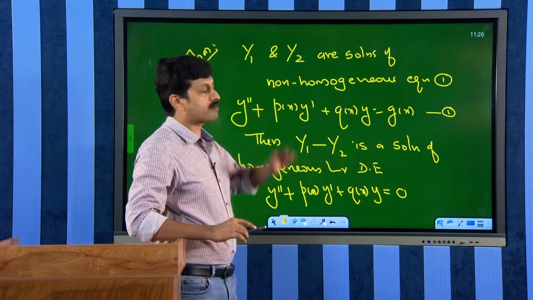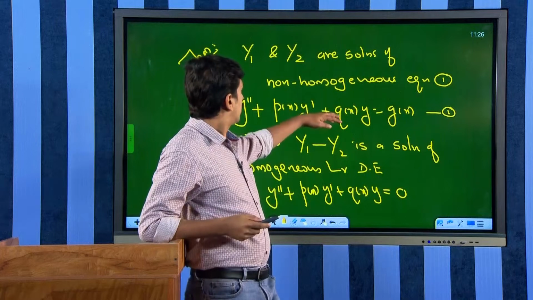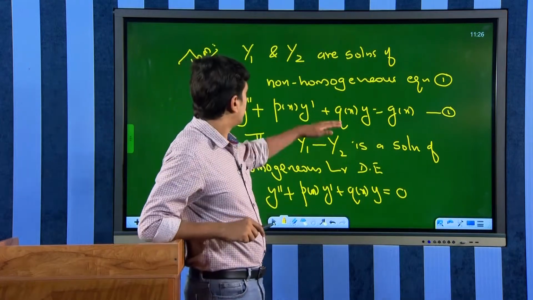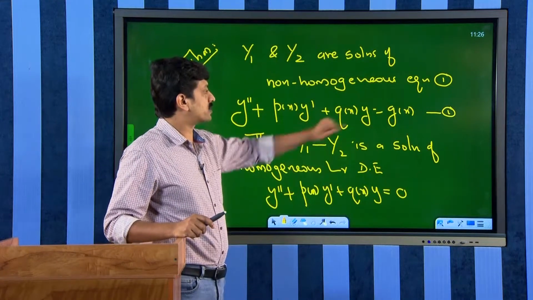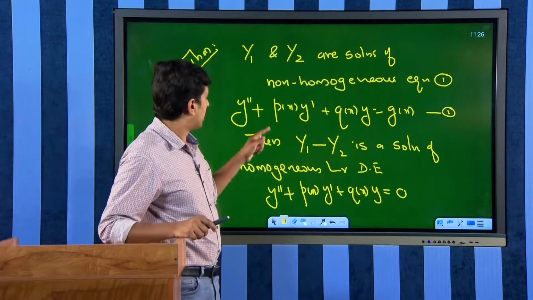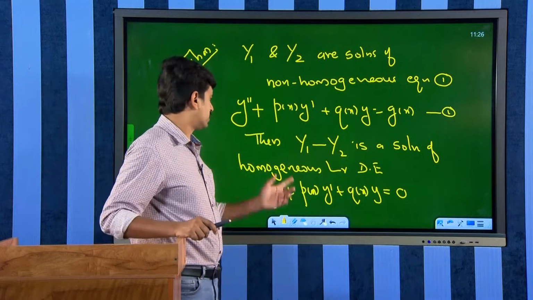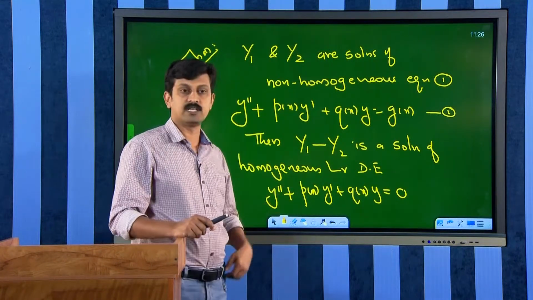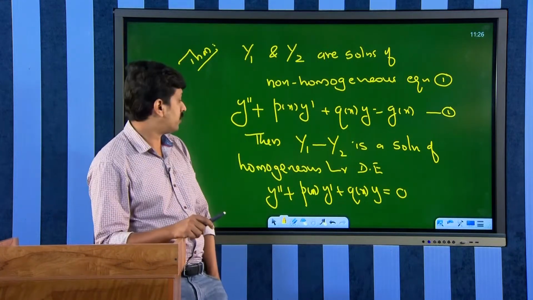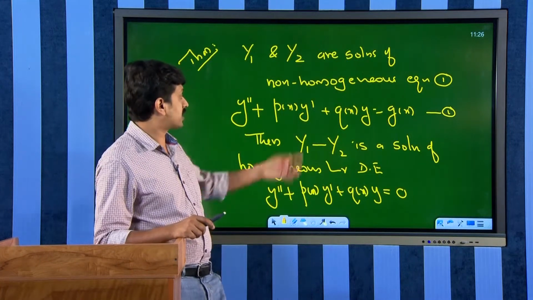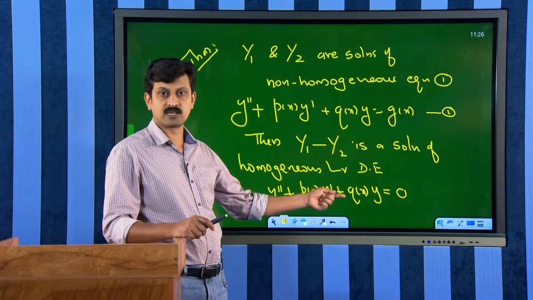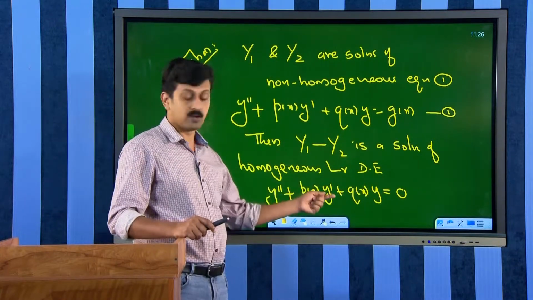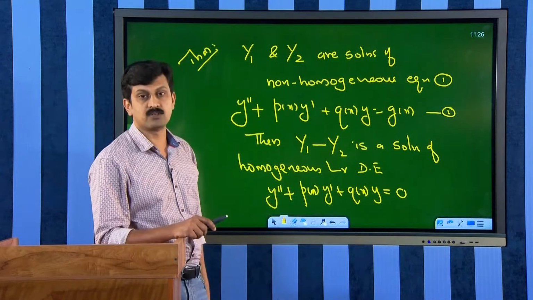Y1 and Y2 are two solutions of the non-homogeneous linear differential equation y double dash plus p of x y dash plus q of x y is equal to g of x, and then their difference Y1 minus Y2 is a solution of the corresponding homogeneous linear differential equation y double dash plus p of x y dash plus q of x y is equal to 0.